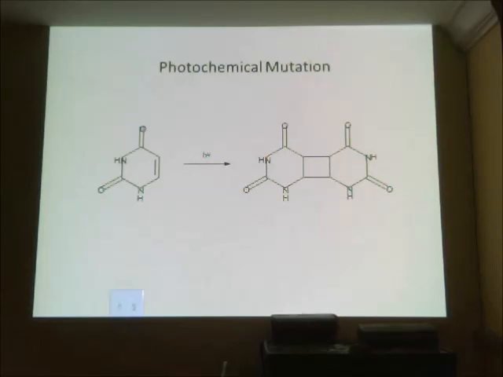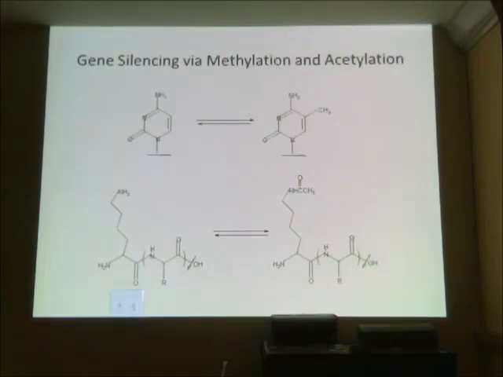And then there's another, I think this is the last slide, just a couple things that do occur naturally all the time. This is just part of the normal genetic process, something called gene silencing. Gene silencing has to do with the fact that even though genes may be present, they're not always active.